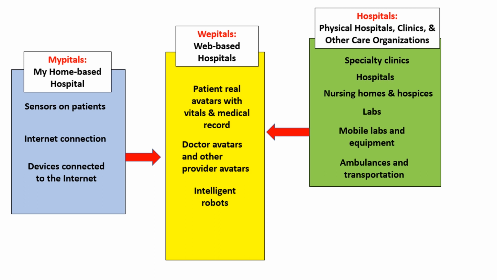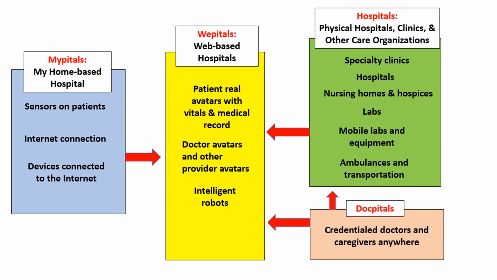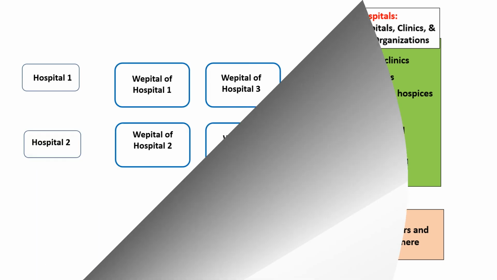Let us call it mypitals. Credentialed doctors anywhere can provide care in wepitals and hospitals when needed. This way, we increase the capacity, flexibility, and access to medical care. When needed, the care can be persistent and fast.